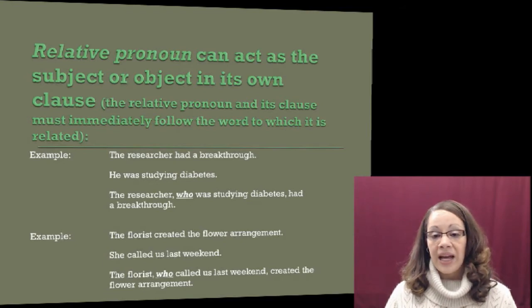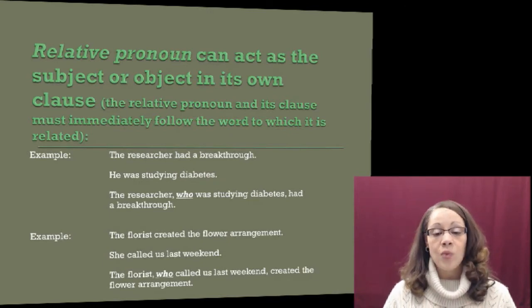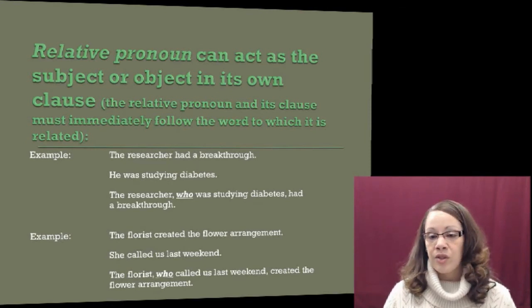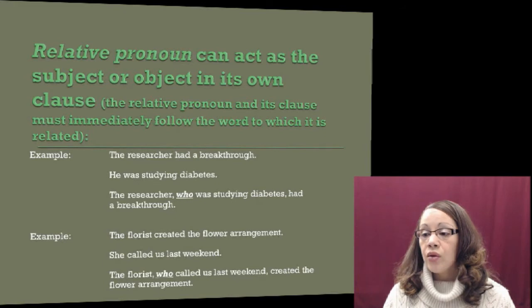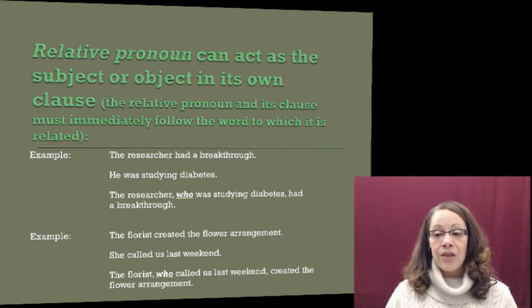Now I want to combine both ideas into one complete, complex, sophisticated sentence. And I have that example there, and I'm going to use one of our relative pronouns that we learned earlier in this particular part of our lesson. The researcher who was studying diabetes had a breakthrough.